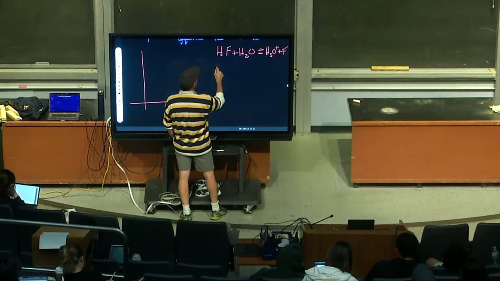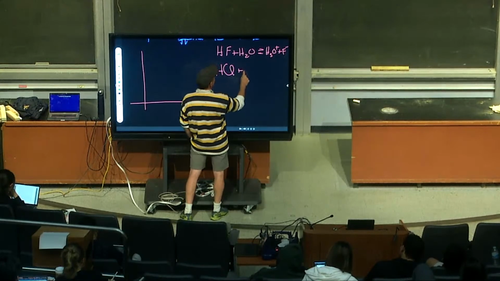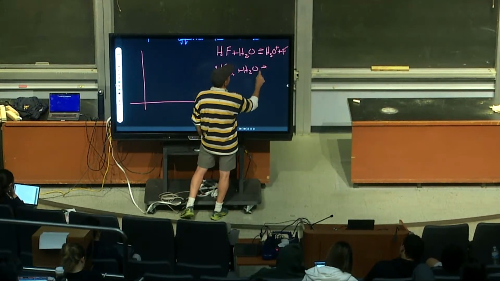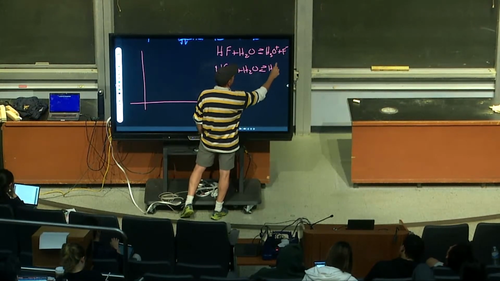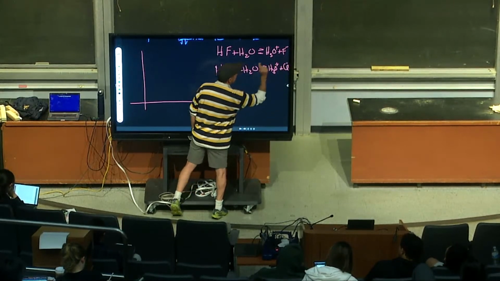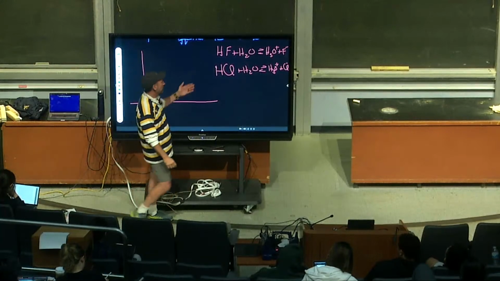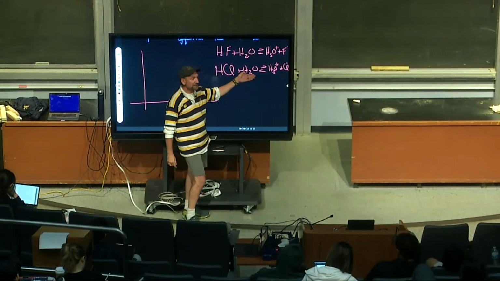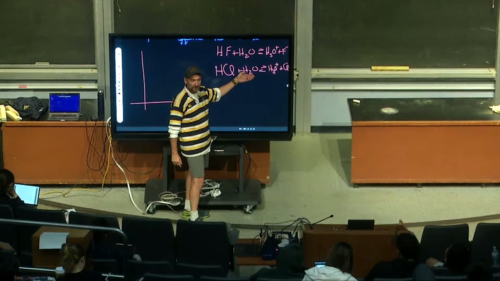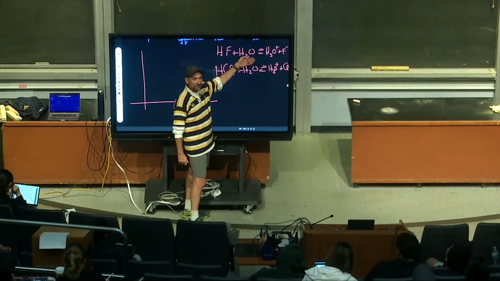That's a weak acid. This one's pretty strong. HCl plus H2O goes to H3O plus Cl minus. Okay? So this is strong. K for this one, very much bigger than 1. K for this one, less than 1.